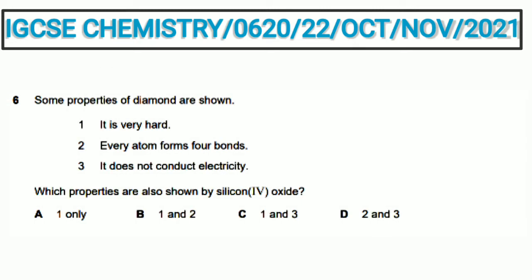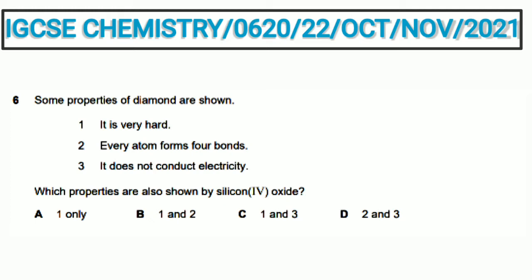Sixth question. Some properties of diamond are shown. Which properties are also shown by silicon(IV) oxide? First property, it is very hard. Yes, both are very hard. Every atom forms 4 bonds. Atoms involved here will be carbon of diamond, and silicon and oxygen of silicon(IV) oxide.